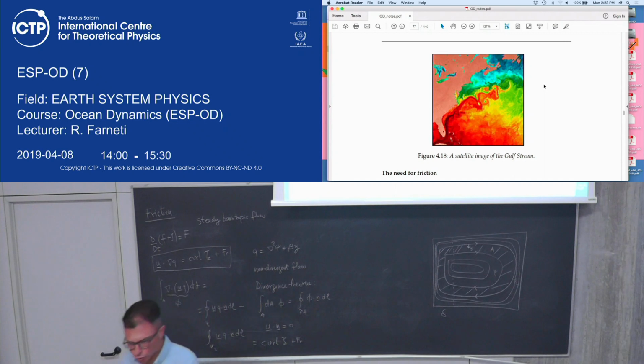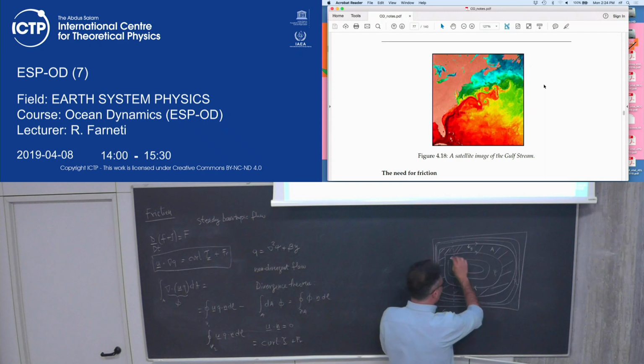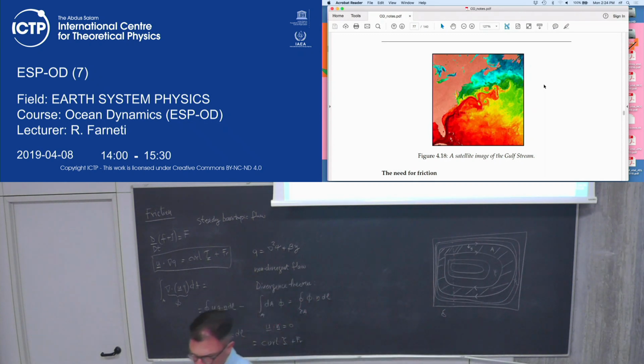Because you can choose the streamlines as close as you wish, so you can imagine that psi 1 and psi 2 become almost the same one. And so that means that those streamlines will have to go somewhere where frictional effects are important in order for those frictional effects to balance the input of vorticity by the curl of the wind stress.